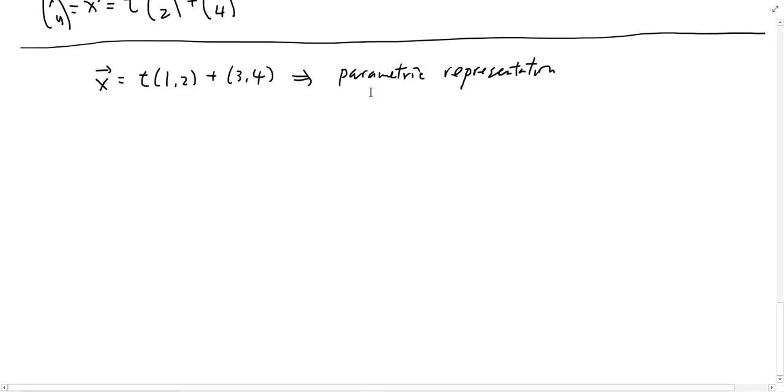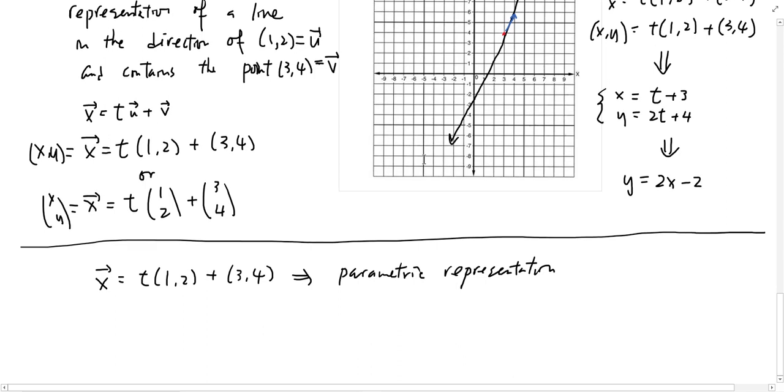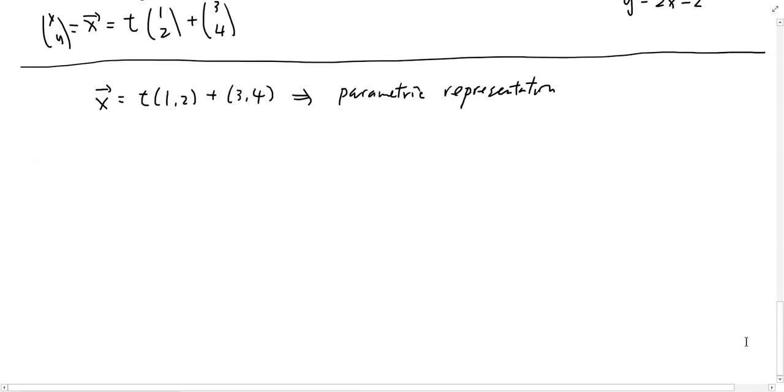Another way to write that is this way instead, which you probably remember from last year, when you learned about parametric curves. One way is to write it as two separate equations like this. Or in some cases, you see it written this way.